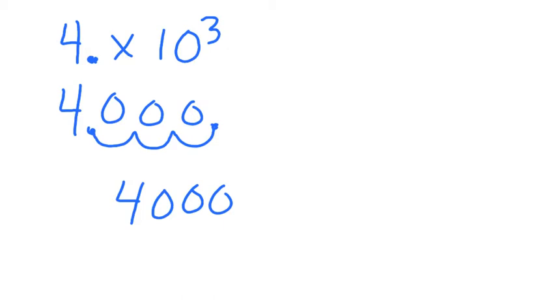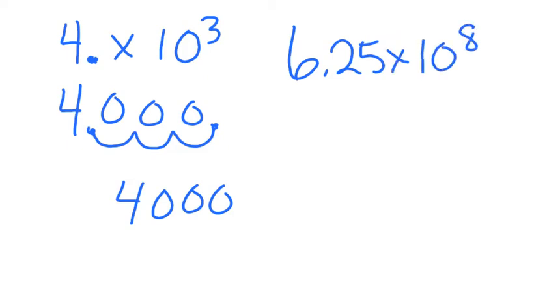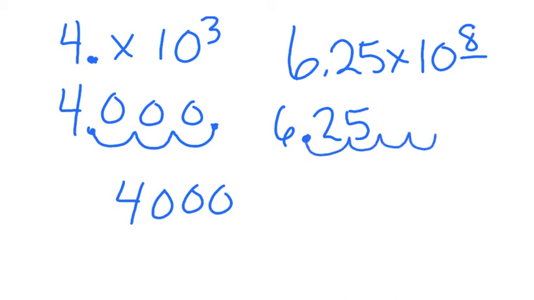Let's try another one. 6.25 times 10 to the 8th. Okay, 6.25, there's my decimal. It's a positive exponent. Move 8 to the right. Start here. 1, 2, 3, 4, 5, 6, 7, 8.